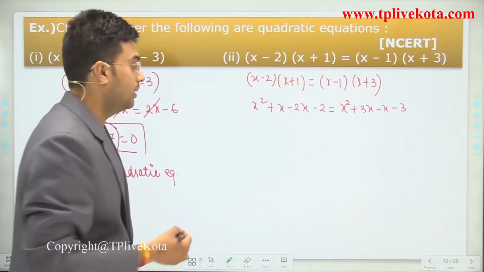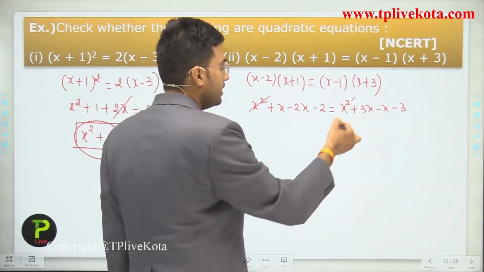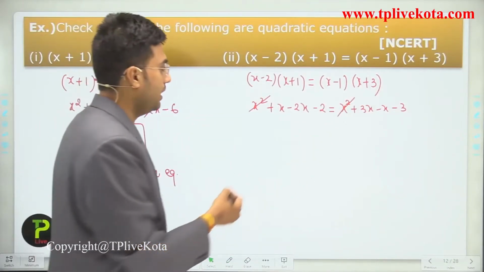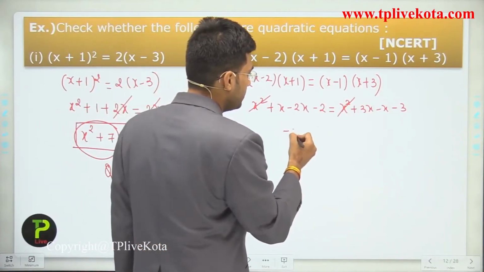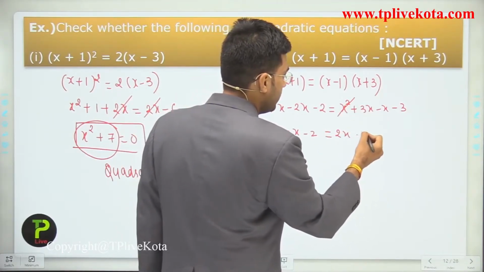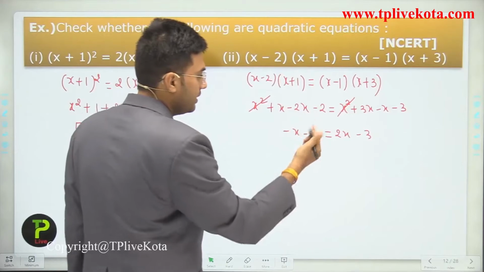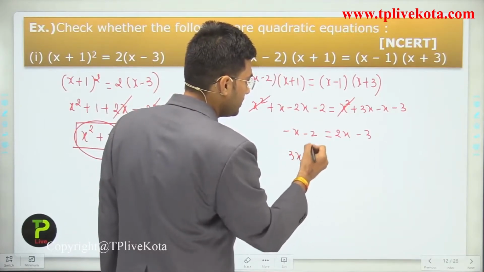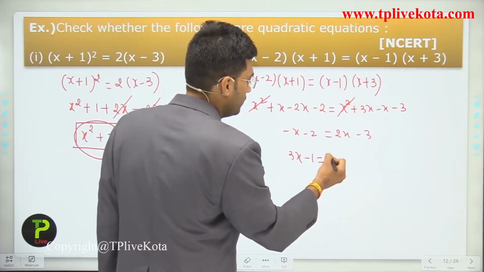Clear? Now this x square and x square cancel out, and here we have minus x minus 2 plus 2x minus 3. So when we solve this, it becomes 3x minus 1 equal to 0.